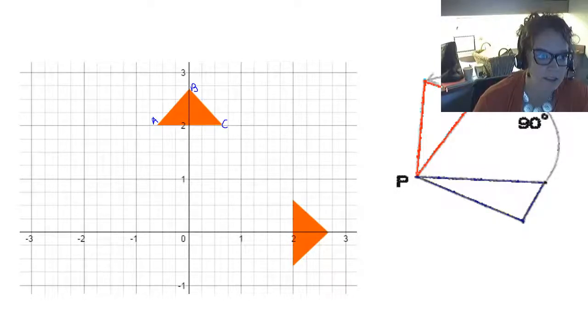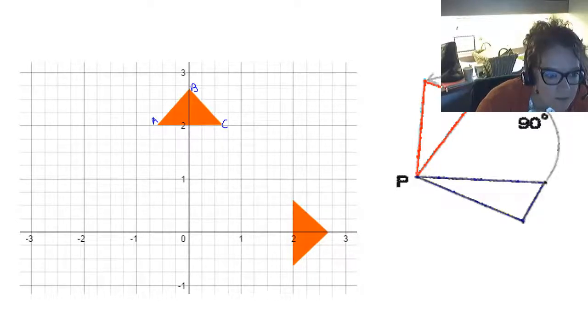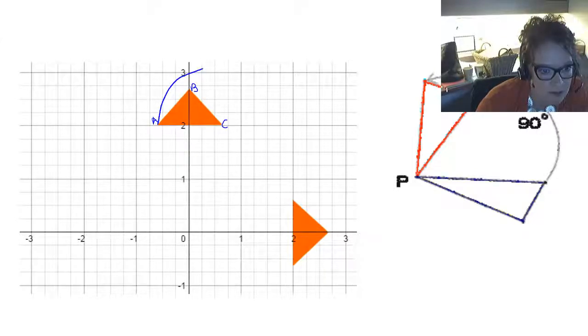So if we were going to list the instructions for that, we could say from point A, we're going to turn it 90 degrees. So point A is going to go clockwise all the way up to this line, right?